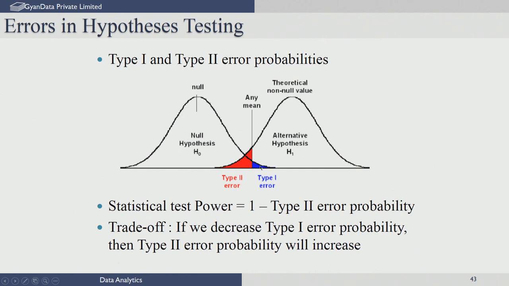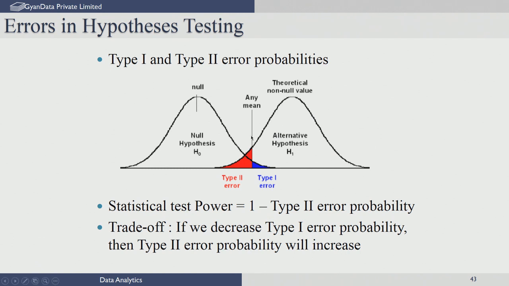So, this is your type 1 error probability. If the null hypothesis is true, your test statistic can exceed this threshold, and this area is the probability of that, and therefore this is your type 1 error probability.